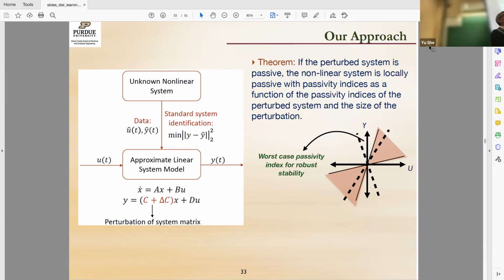Once I get this bound, I have available classical techniques to design a controller so that the closed loop system becomes passive or satisfies a certain passivity index, which was used in the first part to guarantee that the system is stable. Okay, so by perturbing this, I can not only get a passive system model here, but I can get guarantees on the original nonlinear system as well, which I can then use for control design. So I will call this control relevant identification.